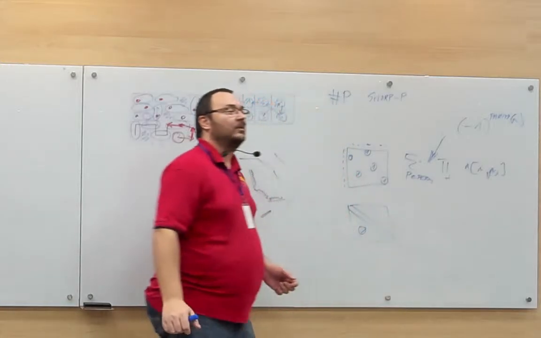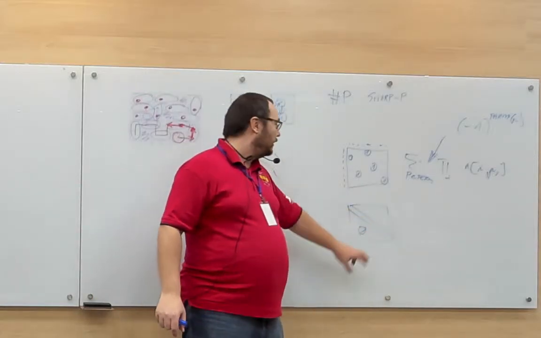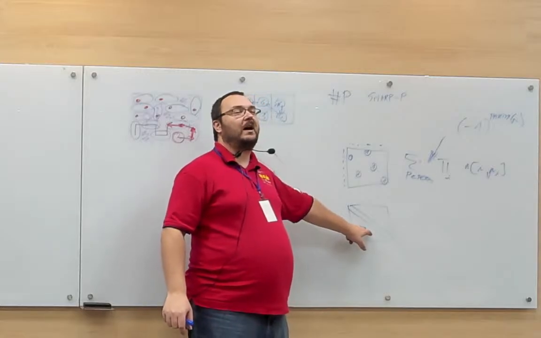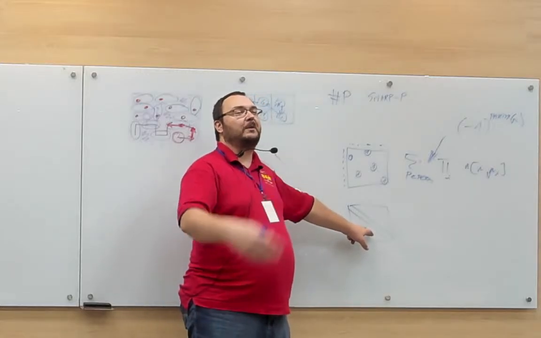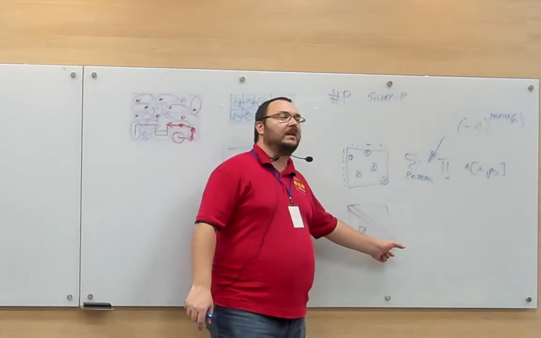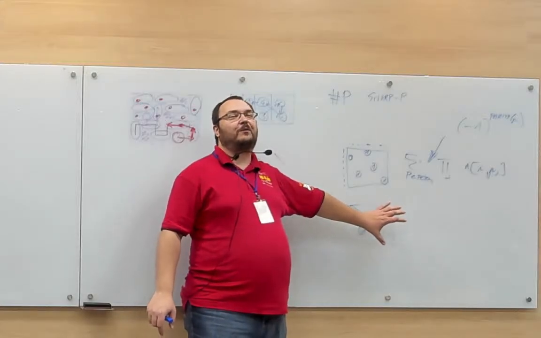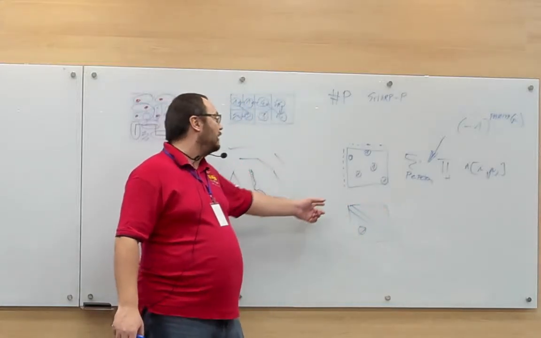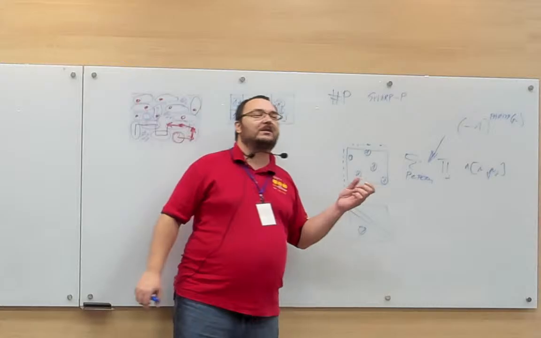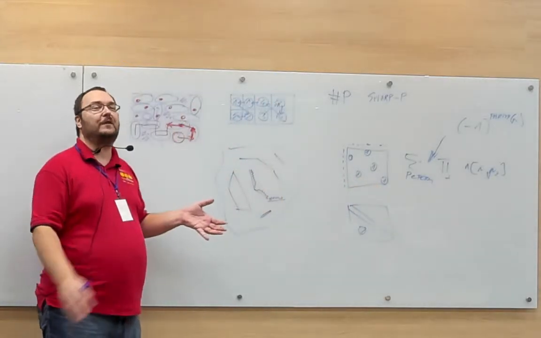Everything below the main diagonal is 0. Now, if you take any permutation, it will hit at least one cell in the lower left half, and therefore the product for this permutation will be 0, and the only non-zero permutation is the one when we are going down the main diagonal. So as soon as you get the matrix into this form, you know that the determinant is equal to the product of the entries on the main diagonal, and we are done with the computation. So this is something we know how to do efficiently.